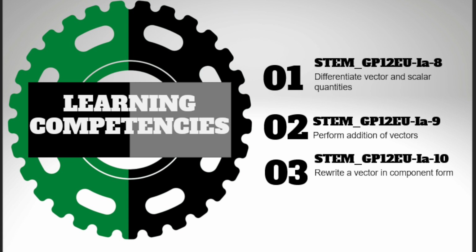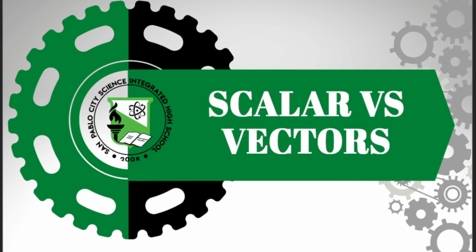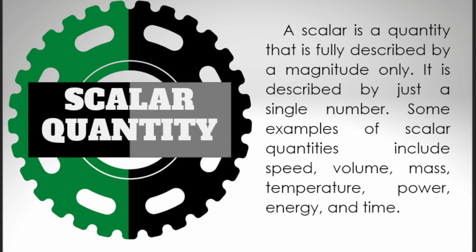So to further categorize a specific quantity of a measurement, we use scalar and vector. What is the difference between scalar and vector? A quantity is considered to be scalar if it expresses magnitude only.